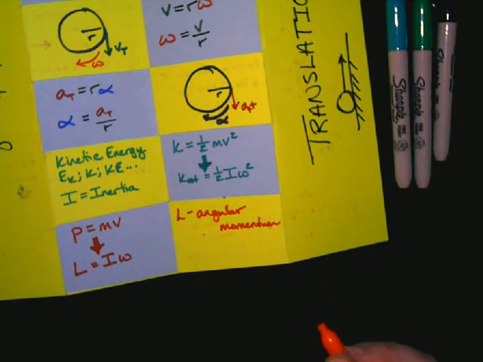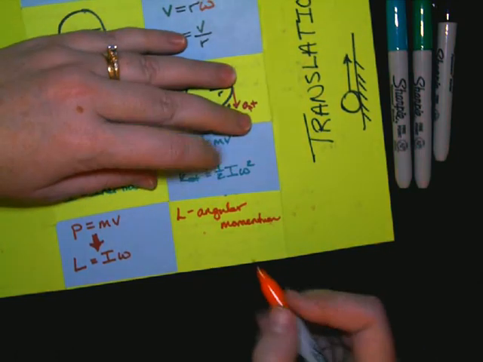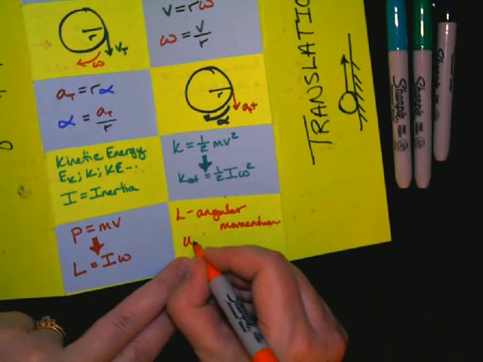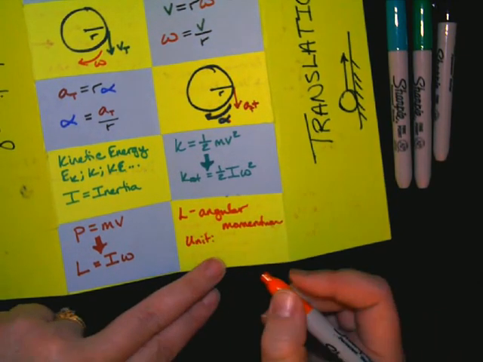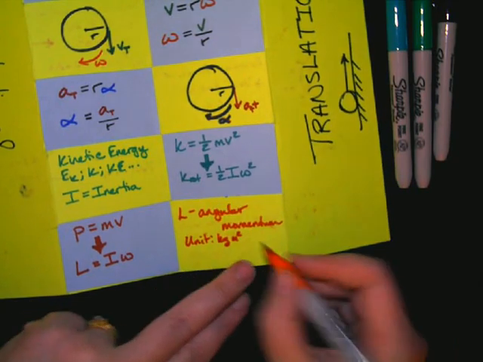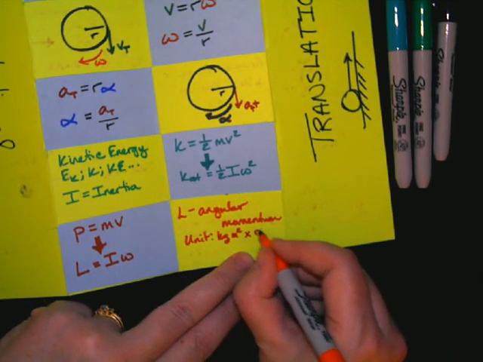And so that is the unit of kilogram meters squared times radians per second.